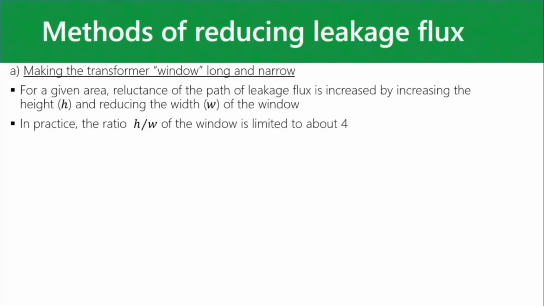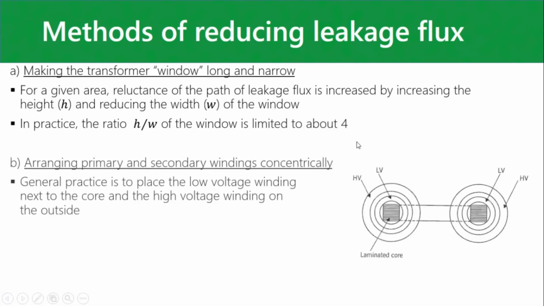Now, the methods of reducing the leakage flux, and they like to sometimes ask you this, what are the ways to reduce leakage flux? It's generally a structural thing, not a circuit that you change. So what you do is make the transformer window long and narrow.